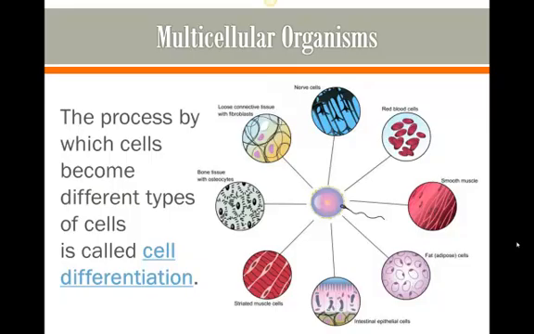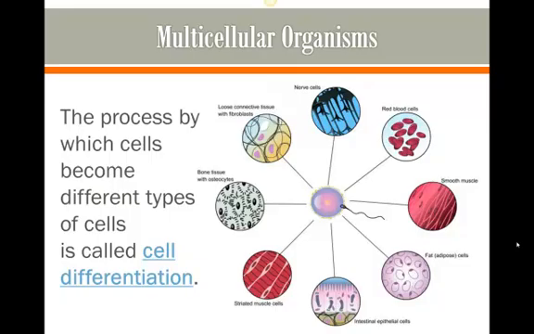And then eventually, the cells that are non-specific, don't have one particular job to do, will start specializing. So, okay, this cell is going to become a nerve cell. This cell is going to become a red blood cell. This cell is going to be some epithelial cells that are lining your intestines.